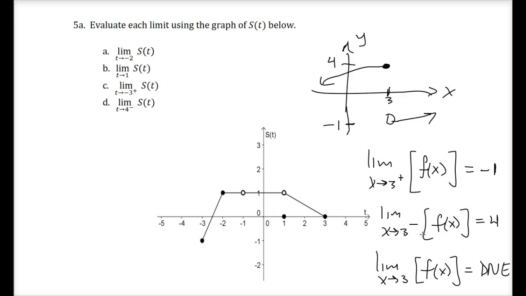So keeping that in mind, and knowing also all of our places where if we don't have something both coming from the left and from the right, we would have to say it doesn't exist there either, we can answer these questions. For this first one, if we look at our graph of s of t, when t is negative 2, looking from both the left and the right, we see that the behavior of the function is approaching a y value of 1, since we do have a defined point (-2, 1) there.